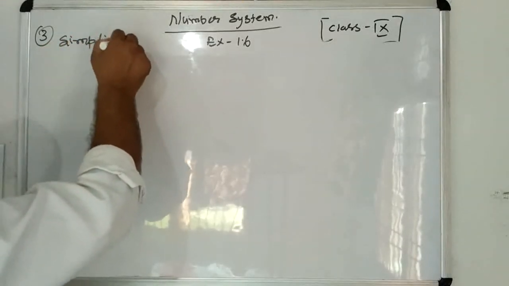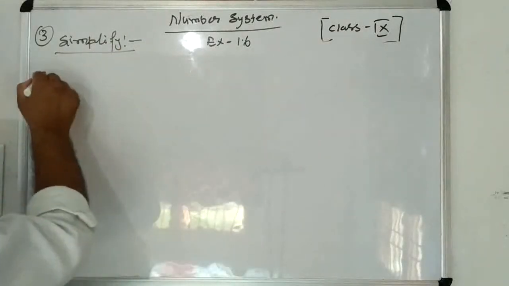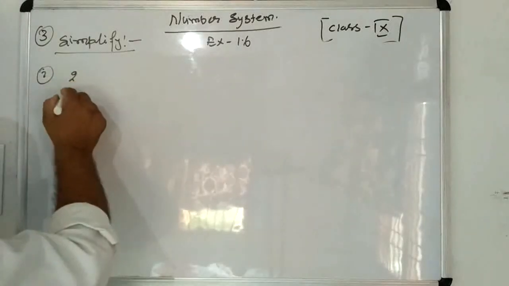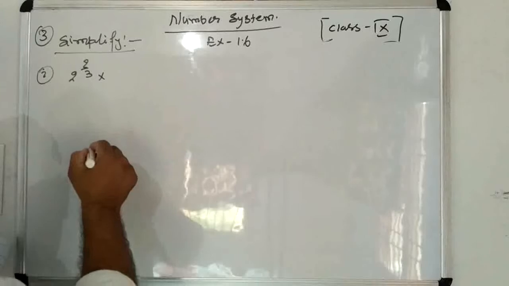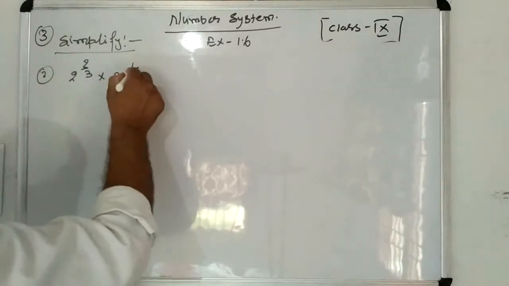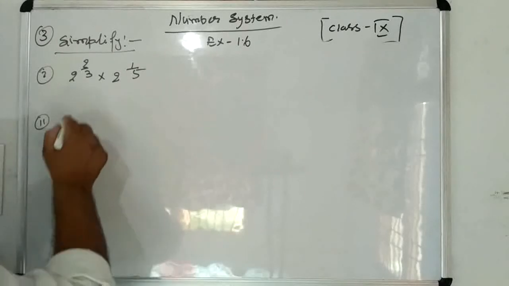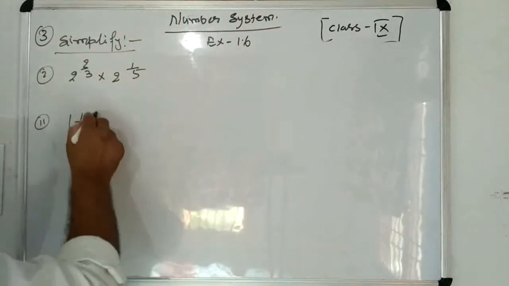Simplify. The first question is 2 to the power 2 by 3 into 2 to the power 1 by 5. Second is 1 by 3 to the power 2, whole power 7.